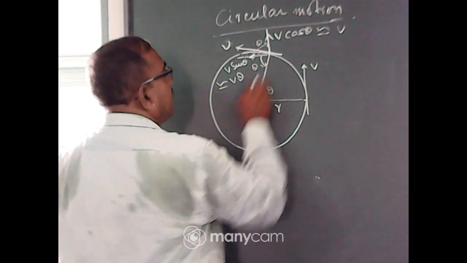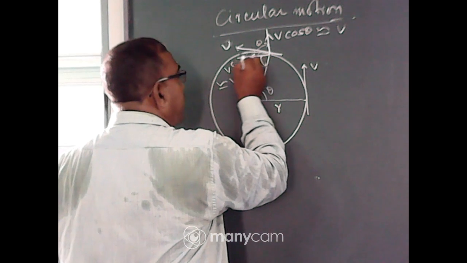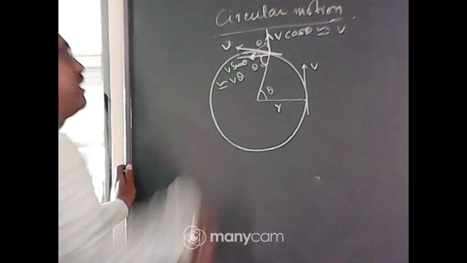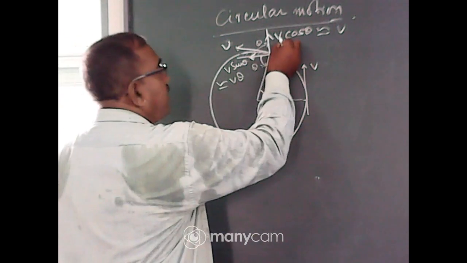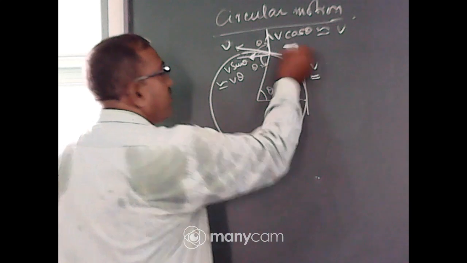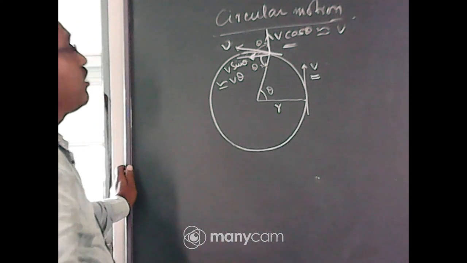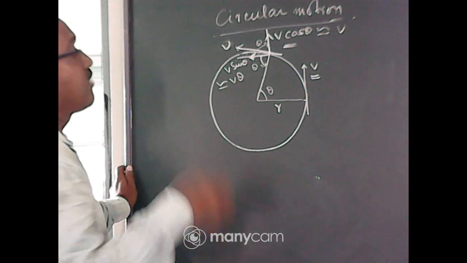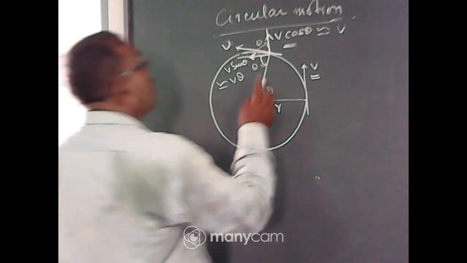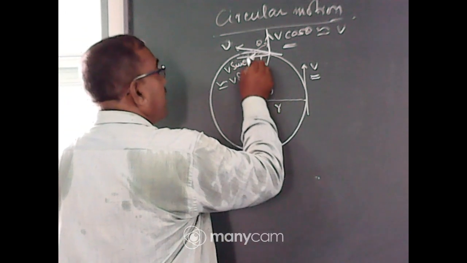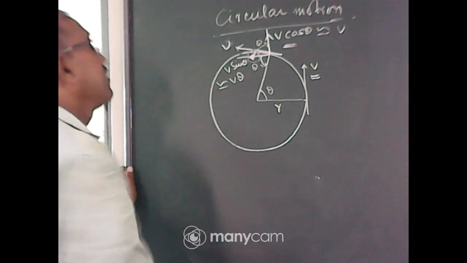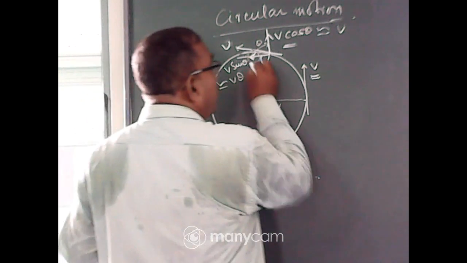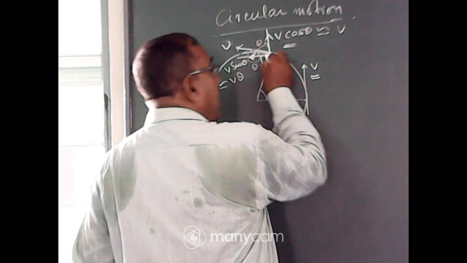Listen here, this is the component due to circular motion. That component is balanced by this. So you can say the particle always moves with a constant speed in circular motion. But due to this circular motion, a part of the velocity is created along the radius. So that value changes from here to there after the time t.